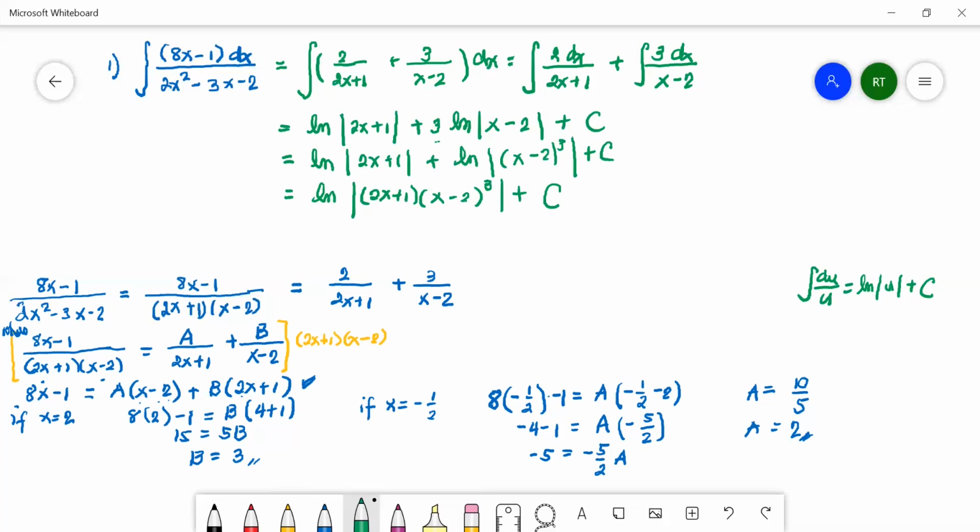So we were able to evaluate the integral of the quantity 8x minus 1 times the differential of x over 2x squared minus 3x minus 2. So this is the first example.